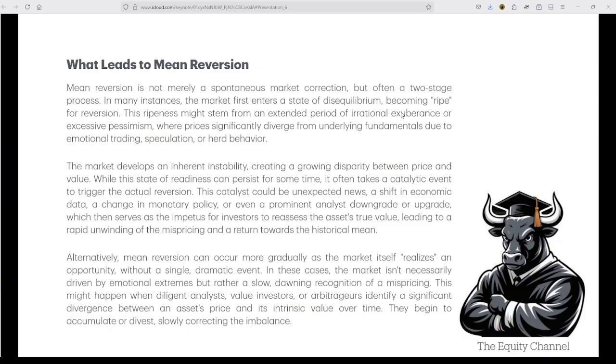Now, this could be the unwinding of short positions or long positions. Doesn't really matter. The question is, what makes it happen? And in the event of short positions, that one is quite unique, because if I'm in a market that people are shorting in a major way, then the reality is one major catalyst for the unwinding of those positions is simply the motivation of a loss of money.